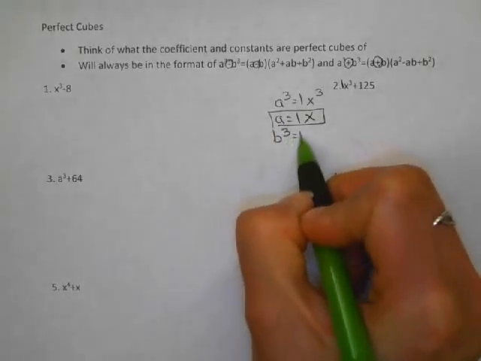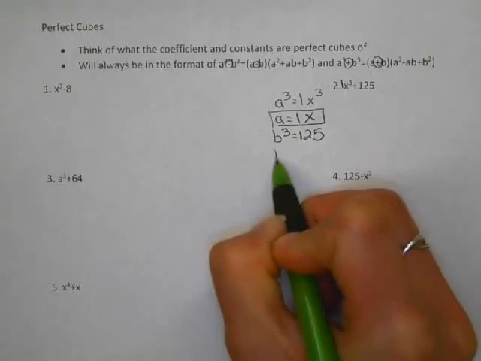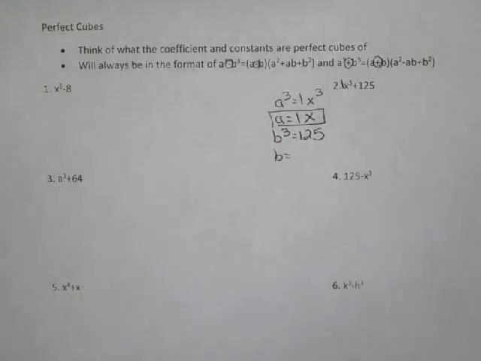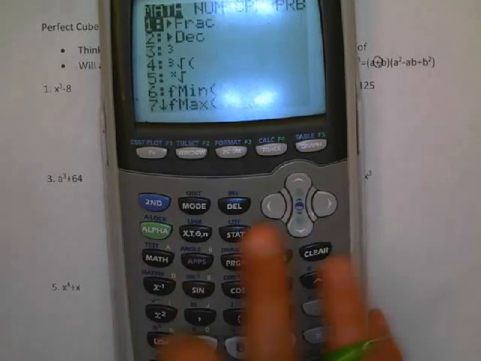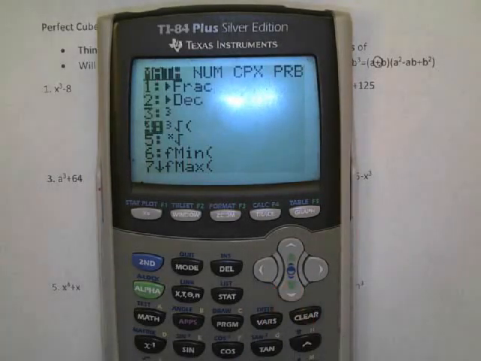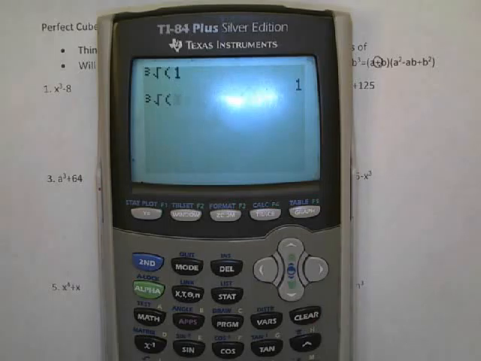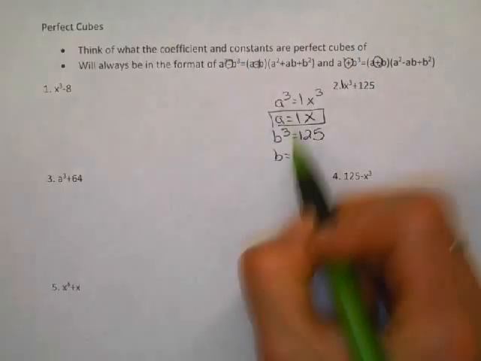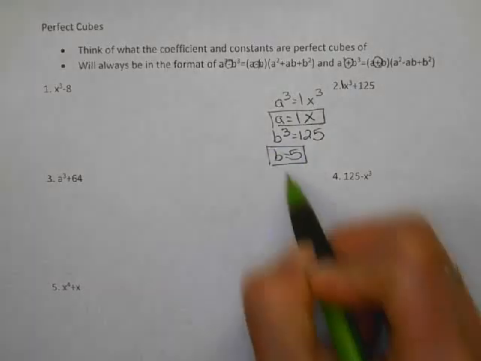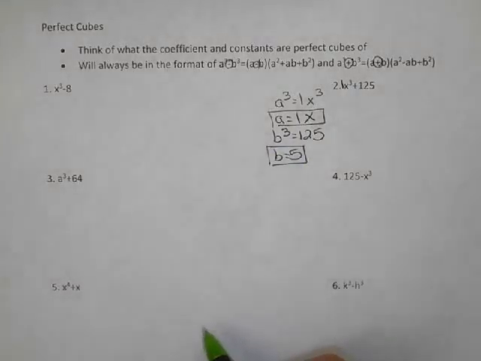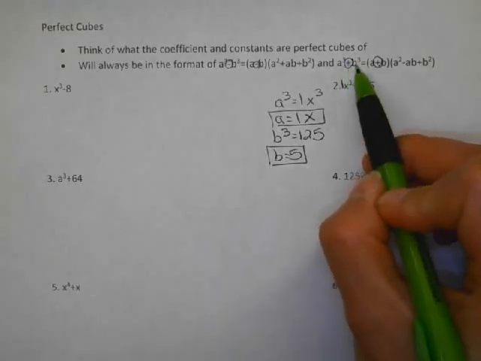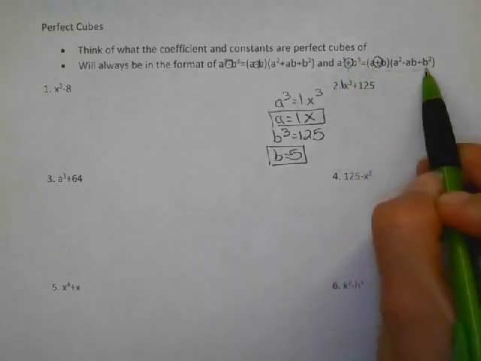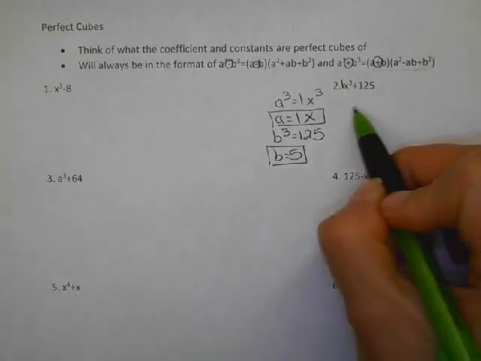Well, we know b cubed is 125, so again, to find regular b, I have to take the cube root of 125. So we'll go to math, go down to option 4, which is the cube root of 125, is 5. So b is 5. Now that I know my a and my b, I just have to plug it into my format. Well, I have a cubed plus b cubed, so this is the formula I'm going to use.